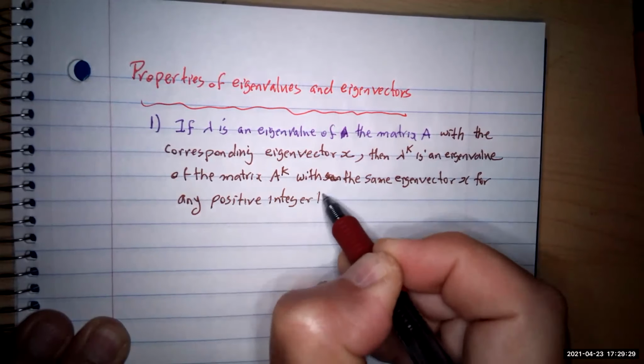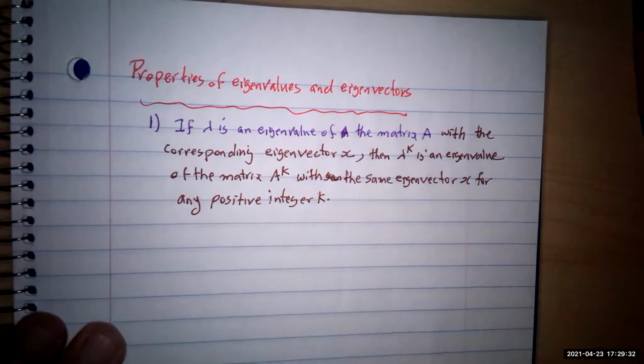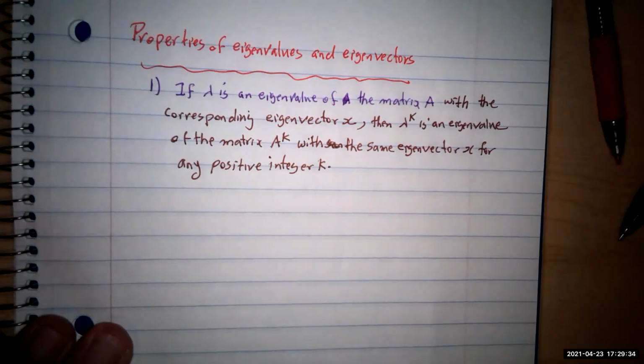We are going to use this one when we get to the next section. So we prove it, we keep it, and you can use it anytime you like, okay?